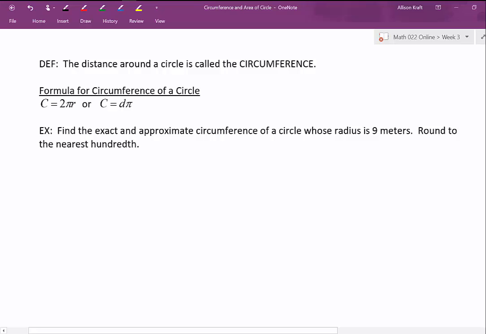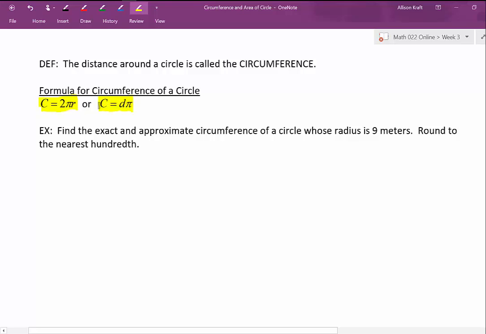Since a circle is not a polygon, it's not made of straight lines, we can't find its perimeter, but we do need to oftentimes find the distance around the circle. We call it the circumference of the circle. The formula for finding the circumference of a circle is either c equals 2 pi r or c equals d times pi.